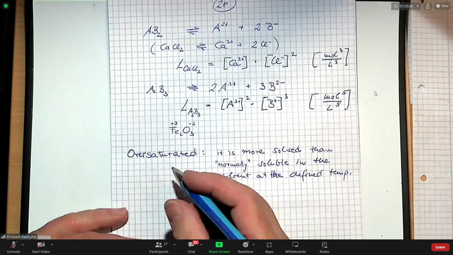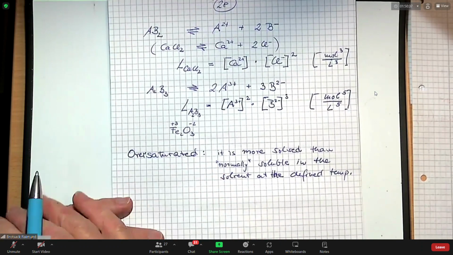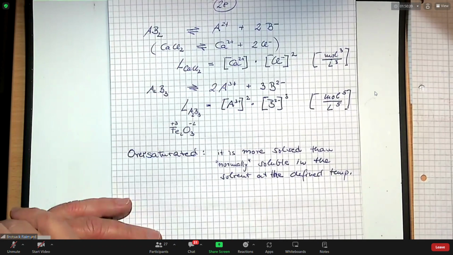It could be created while heating up, solving more, and cooling down.